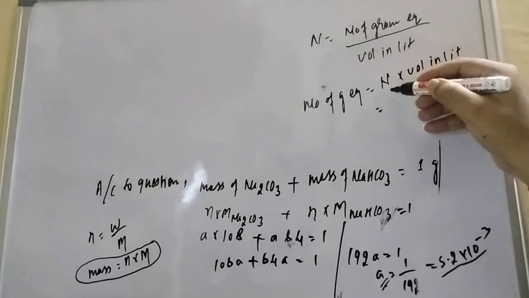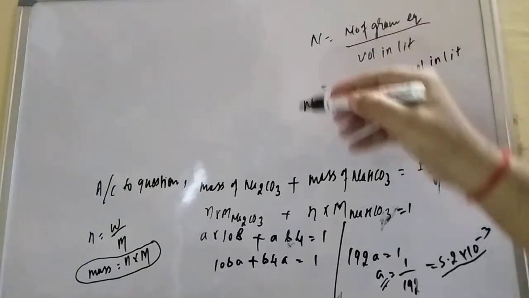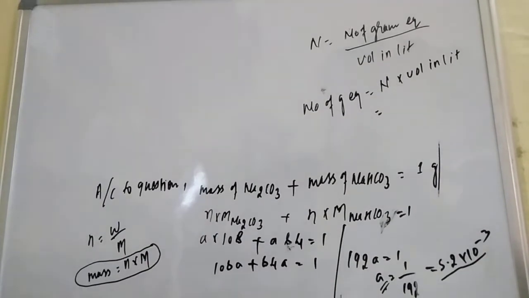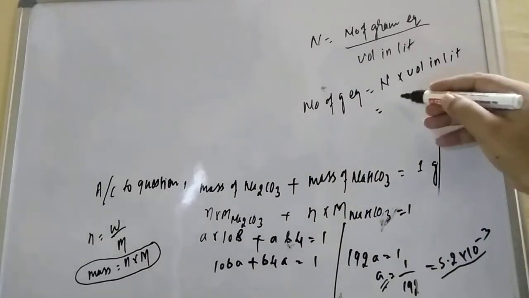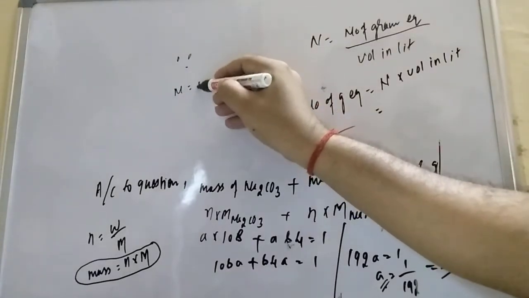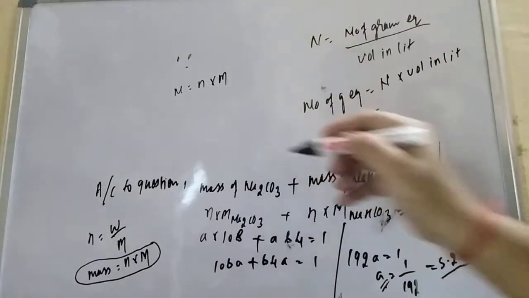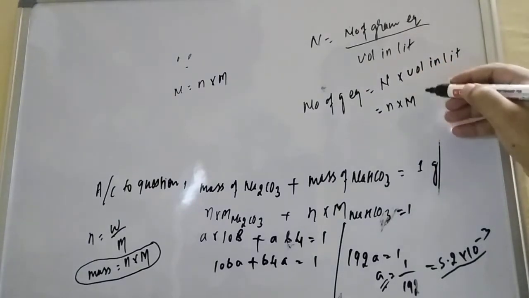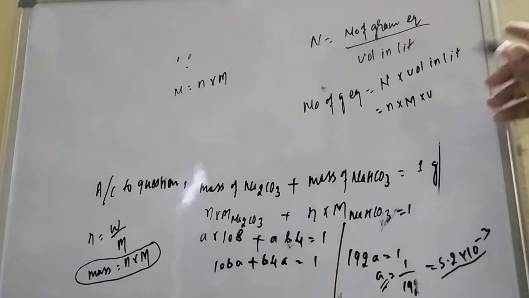We have already studied in the previous lectures that normality equals N factor into molarity. So here we can write N into M into volume.